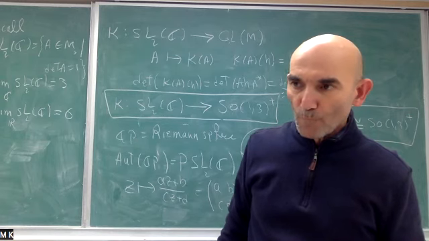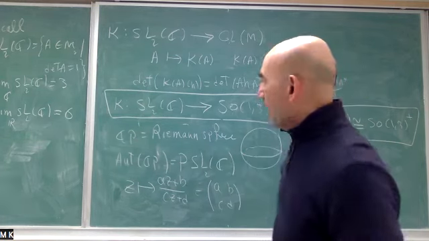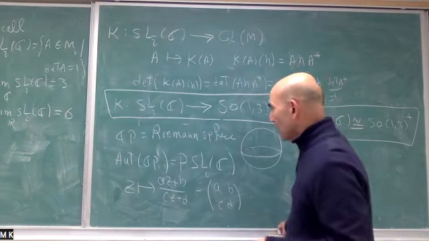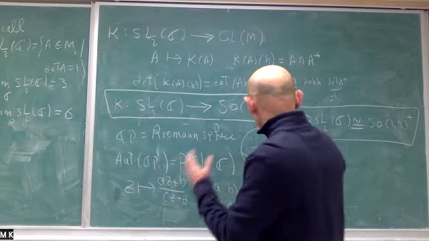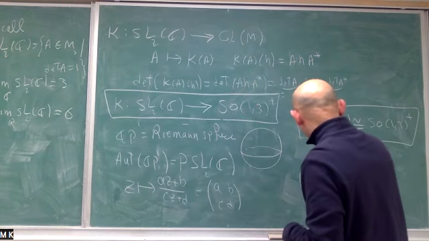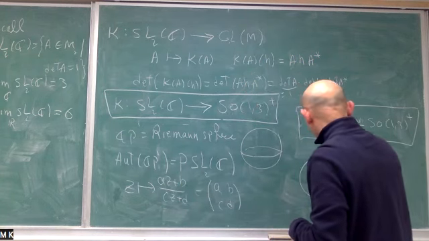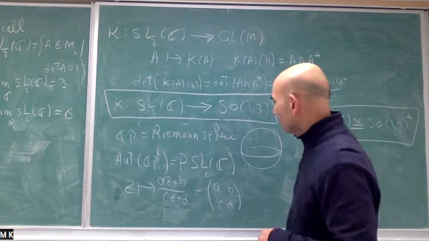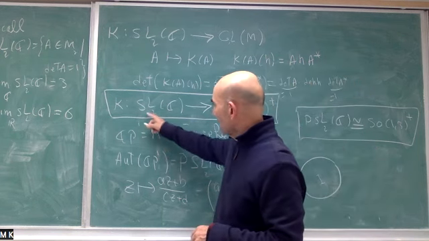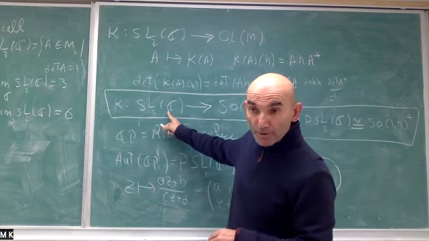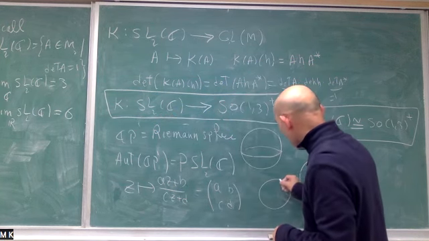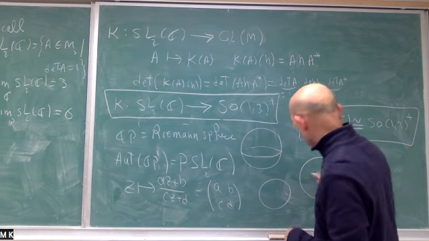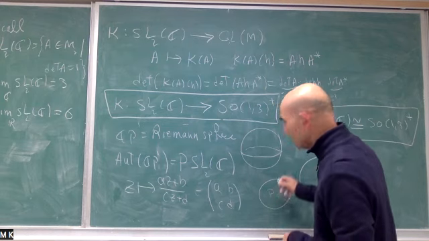Will we learn about what the other components look like? Yeah. So now what we have seen is that the connected component of the identity is really like PSL2C, Moebius transformations, but the other ones are exactly similar, except that you have to multiply this by P, for example.